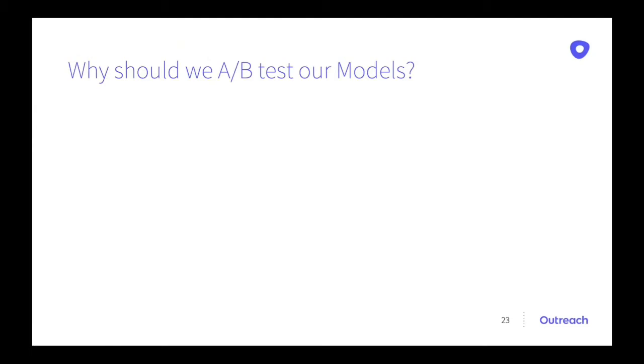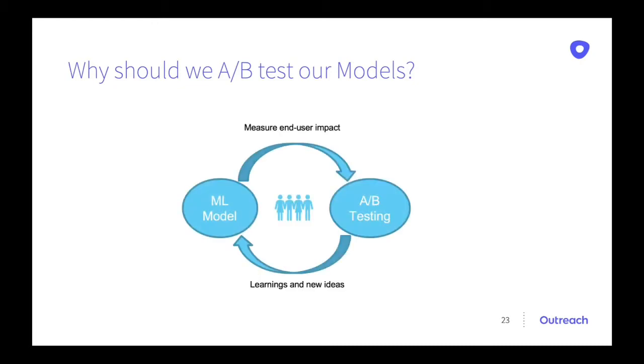should we A/B test our machine learning models? And why should we A/B test our machine learning models? I talk about it more in the talk, but really I think the essence of it is that A/B testing allows us to establish this virtuous circle, where we can really measure end user impact of our machine learning models, not just accuracy or ROC curves, but actually our users really having a better experience because of what we did.